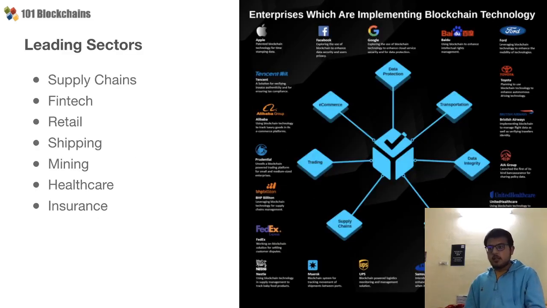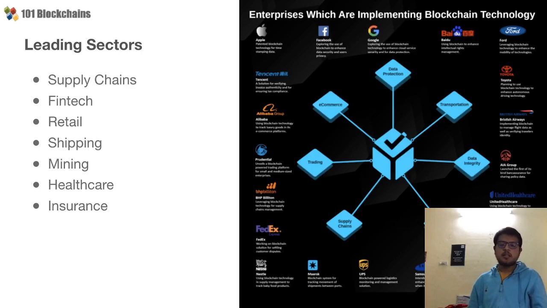Leading sectors are a lot, like supply chains, for example, where XYZ product gets made at one point, a job is done at a second point, another thing at the third point, and transportation happens from A to B to C to D across the supply chain, so you can manage it with everyone.